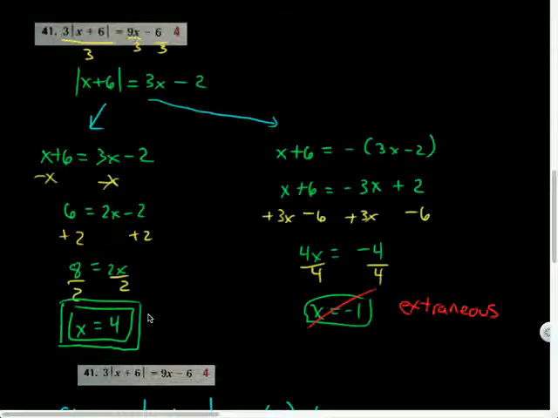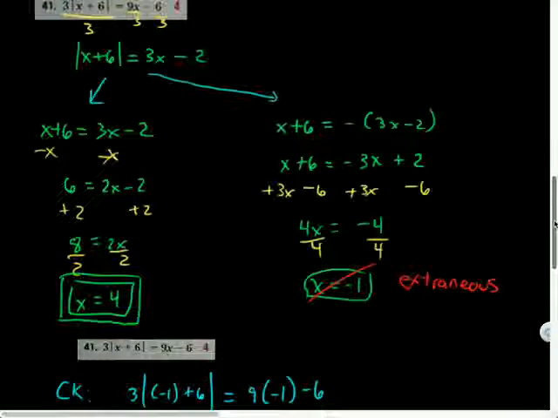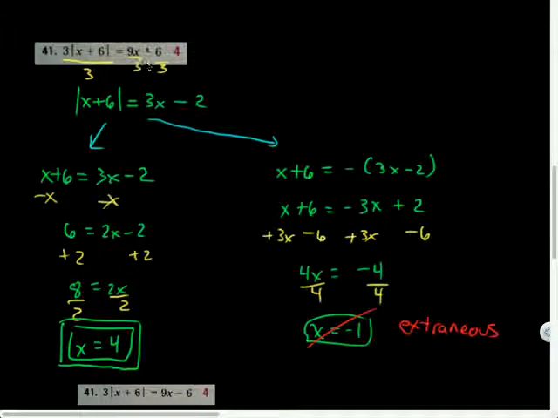We'll have extraneous solutions show up on occasion throughout Math 3, so you'll have to keep your eye out for them. Those phonies. We did everything right. And just to verify, I just want to point out that if I plugged 4 in here, 9 times 4 is 36, minus 6 is 30, so that would have worked out just fine. Technically, plugging it in here is the better analysis of the absolute value part, but you know what I'm saying.